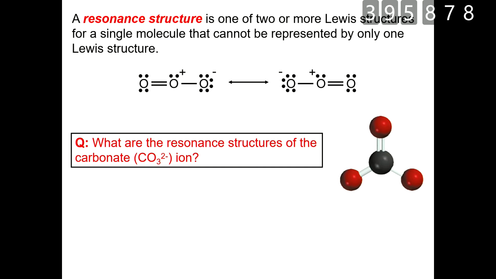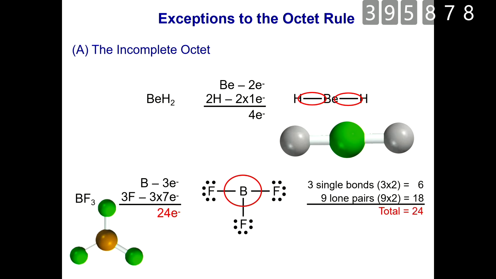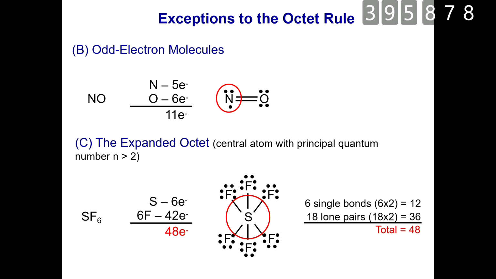So we also introduced the resonance structure. Resonance structure means two or more Lewis structures to represent the structure. We also introduced some exceptions to the octet rule.